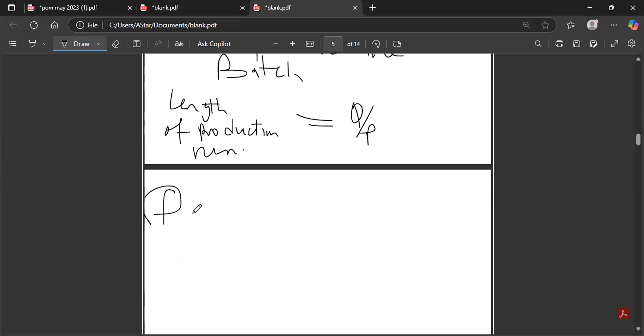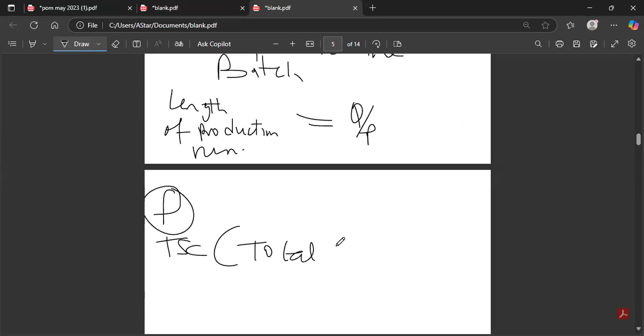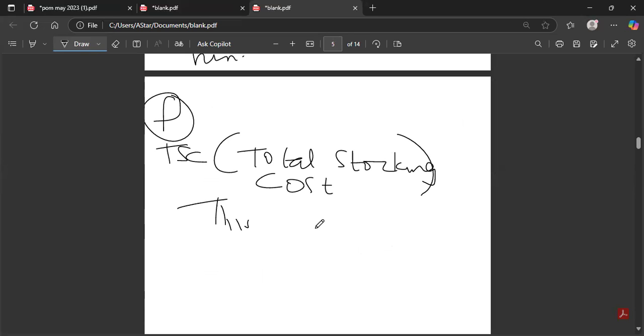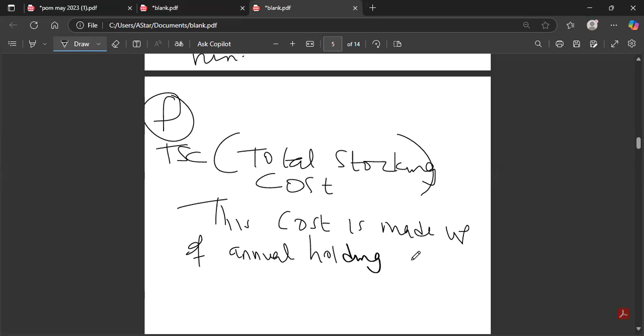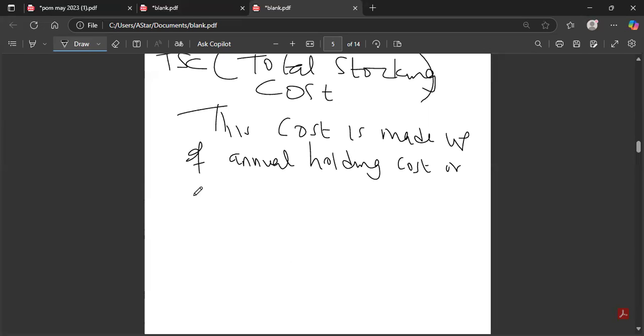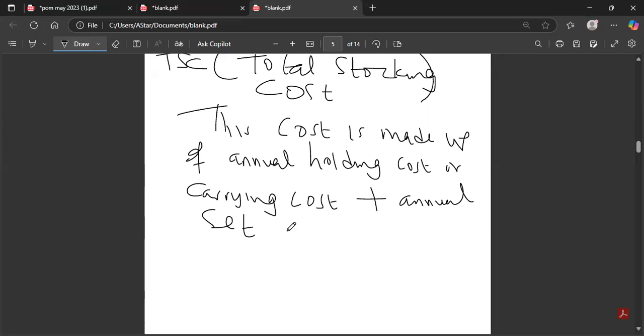Then we now go to total stocking cost. This one is called the total stocking cost. This cost is made up of annual holding cost or carrying cost plus annual setup cost.